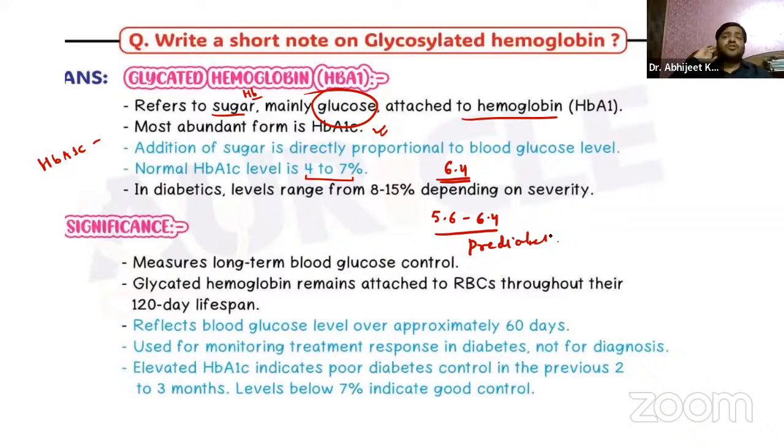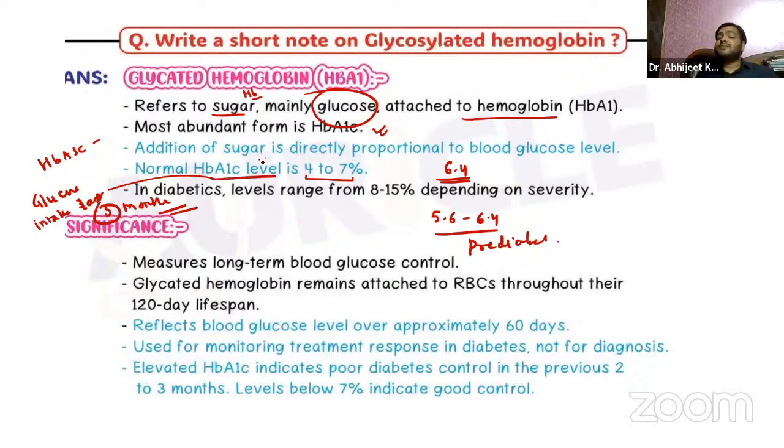Moreover, this HbA1c level tells about the glucose levels in the last 3 months. Now, whenever a person comes to me with uncontrolled diabetes, I always ask the patient to undergo a test called HbA1c.